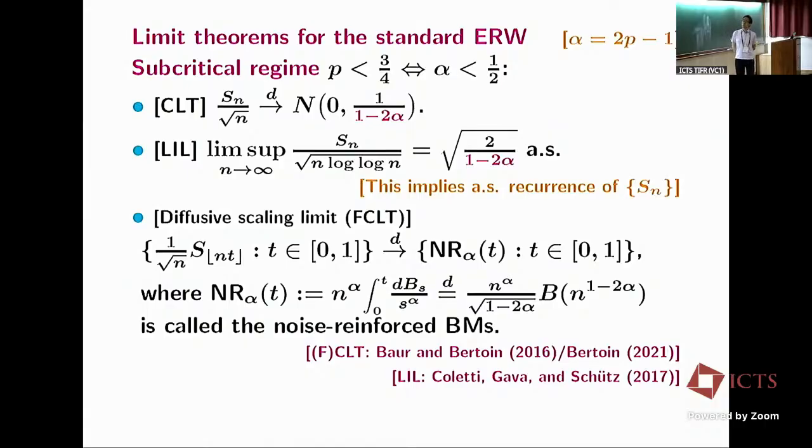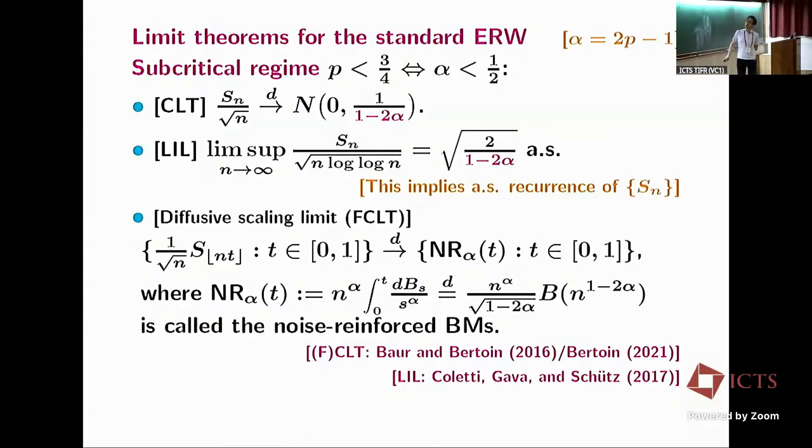This functional CLT was first obtained by Bercu and Laulin by using a connection to Pólya-type urns. And later, Bertoin derived this kind of diffusion process from a broader class of step-reinforced random walks.